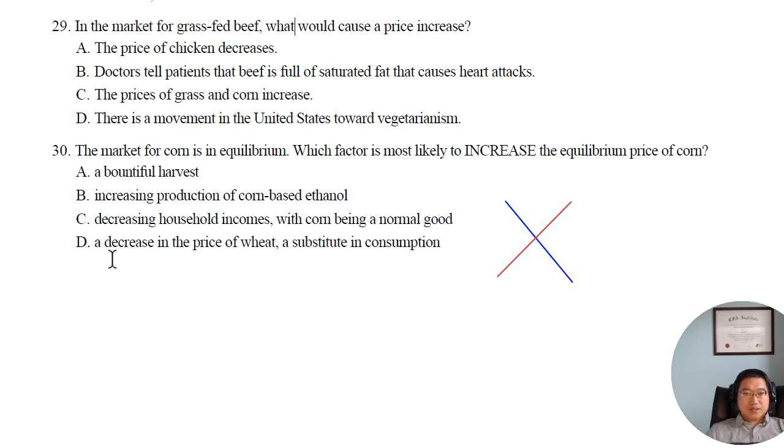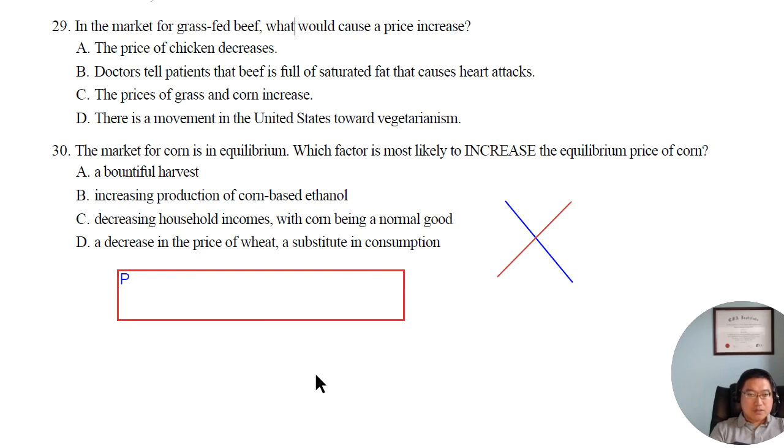Okay, C, a decrease in the price of wheat. Here, what I like to do is, again, doing the reasoning. You got to do the reasoning, right? So the price of wheat drops, and then what we will have is quantity demanded for wheat rises. We eat more wheat, right? And when we eat a lot of wheat, we don't eat much corn.